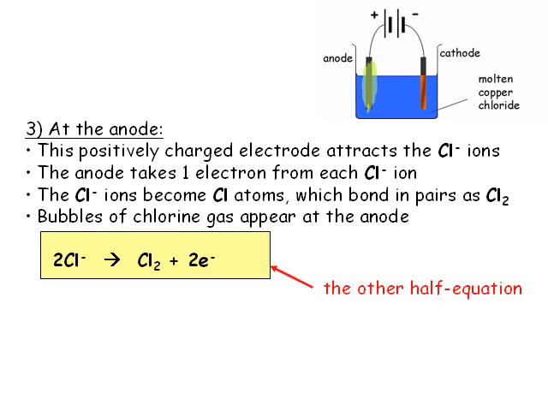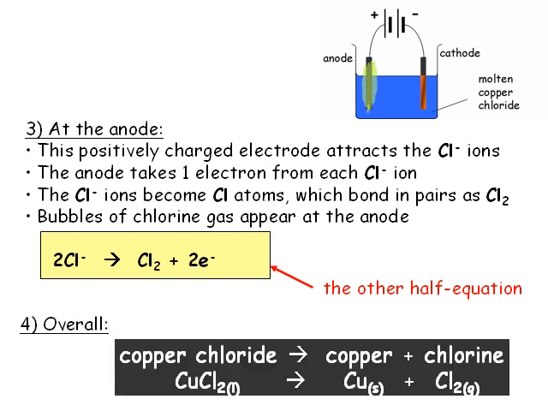We can use a half equation to show this too. 2 chloride ions turn into a chlorine molecule by giving up 2 electrons. If we combine the two half equations, which we can do by adding them together, we can see that the overall effect of the electrolysis is to turn the ionic compound copper chloride into the elements copper and chlorine.